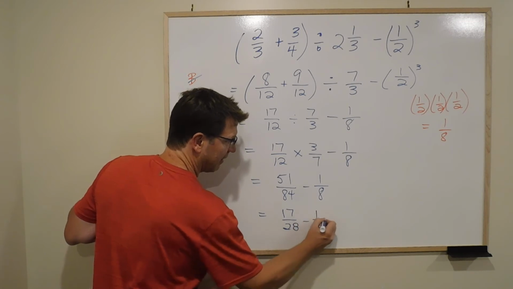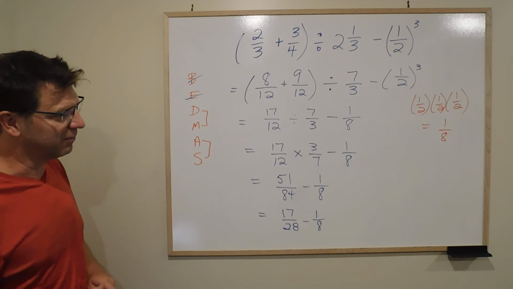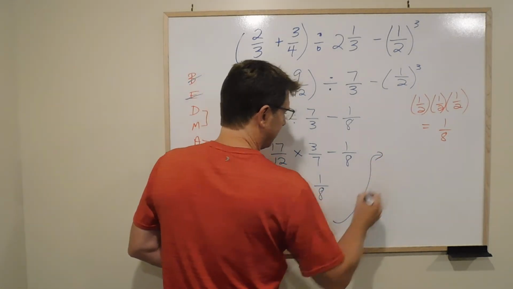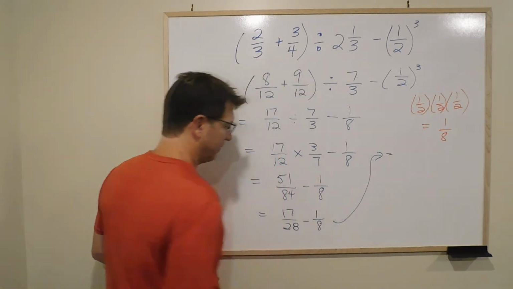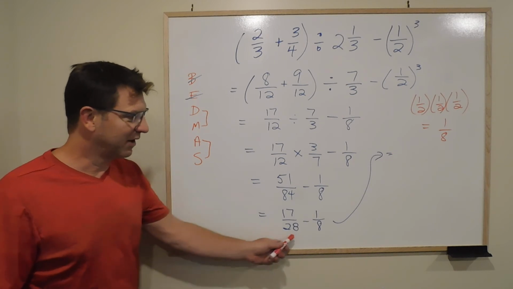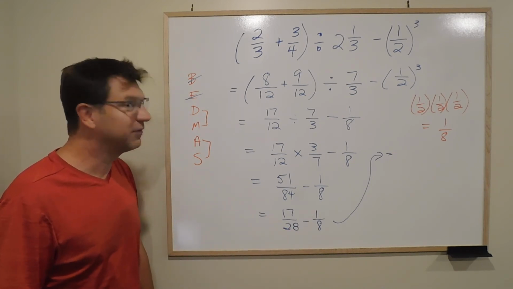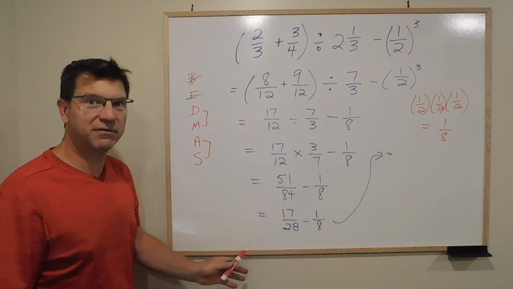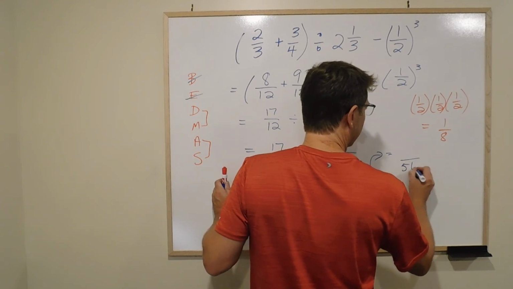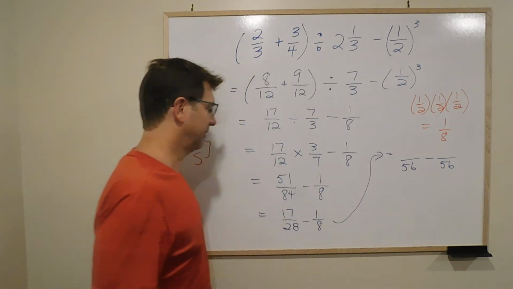Okay. Now, that's still not going to make for a really nice common denominator, but it will make for a smaller one. So we go here, and we say, what's the common denominator of 8 and 28? Well, 8 does not go into 28, so 28 times 2 is 56. 8 does go into 56, so I need a common denominator of 56.